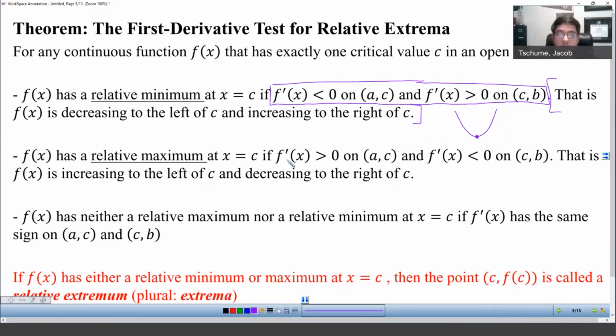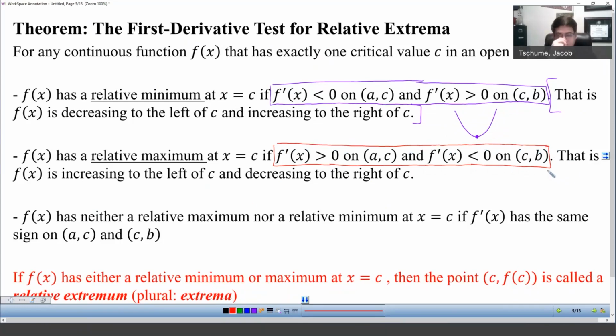Doing everything in the opposite way is the definition of a relative maximum. Officially, by definition, if your first derivative is positive on the interval A to C and negative on the interval from C to B, you have a relative max.